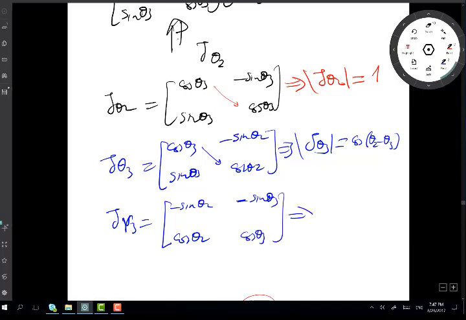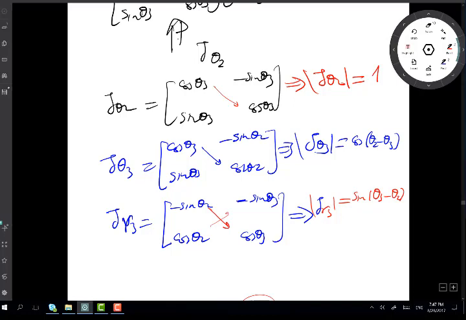Then the determinant of this specific matrix is equal to: multiply those together, and you take away those together, so you get the difference between the two. So this will be sine of theta 3 minus theta 2, because this will be positive and this will be negative.